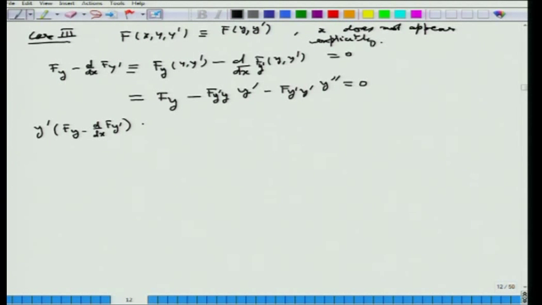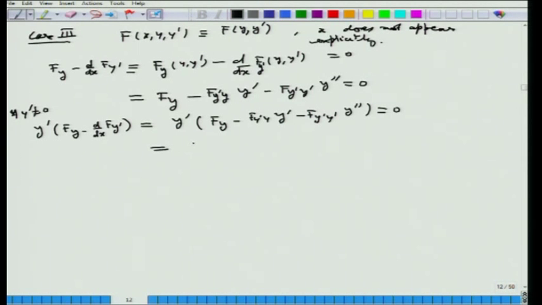if y' is not equal to 0, then you see that this here will be y' f_y minus f_y'y y' minus f_y'y' y double prime equals 0.